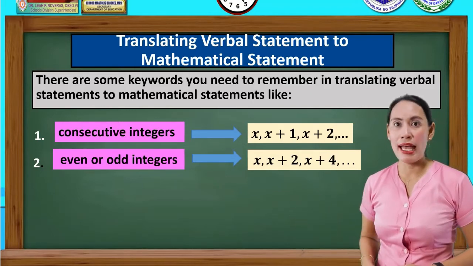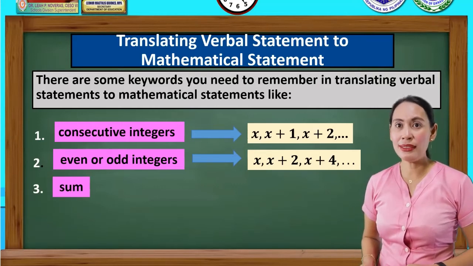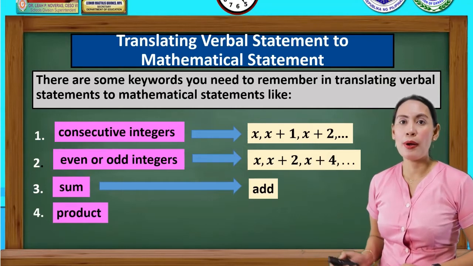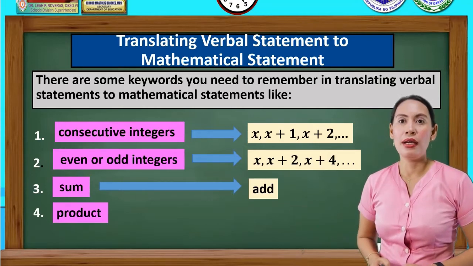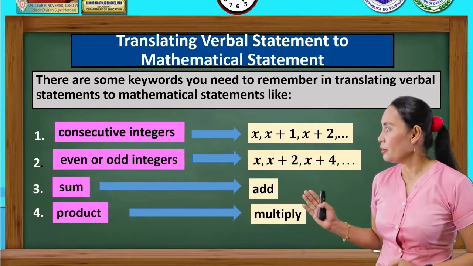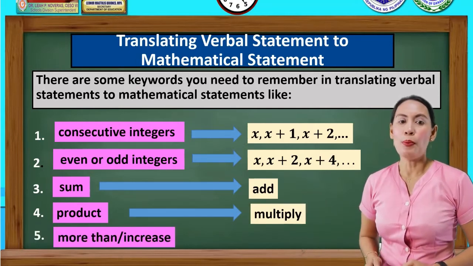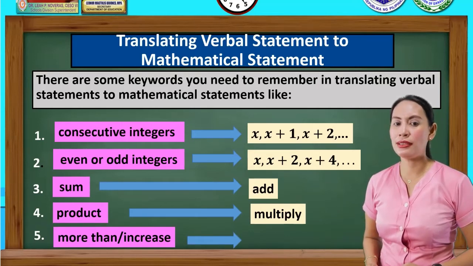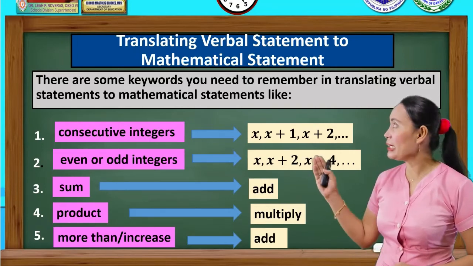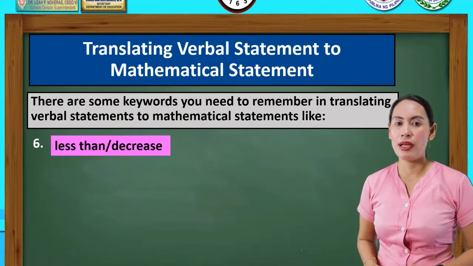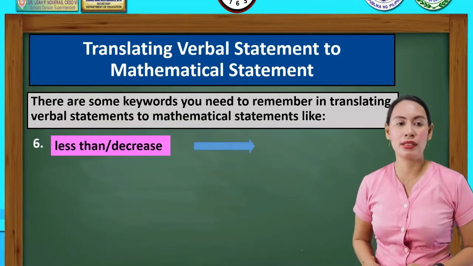Number 3, sum means add. Next, number 4, product means multiply. Number 5, more than or increase means add. Number 6, less than or decrease means subtract.